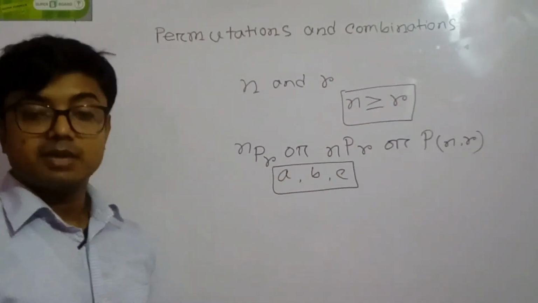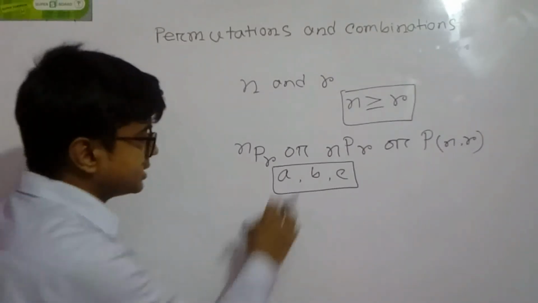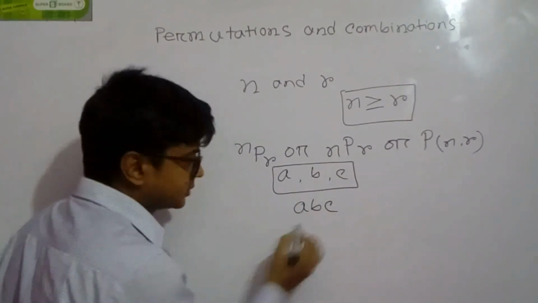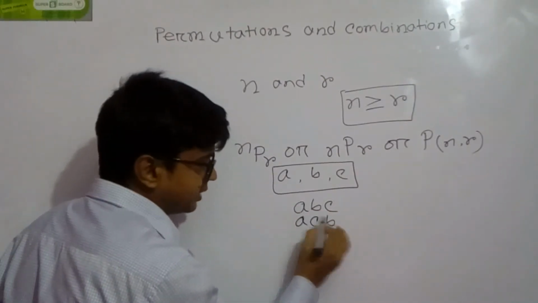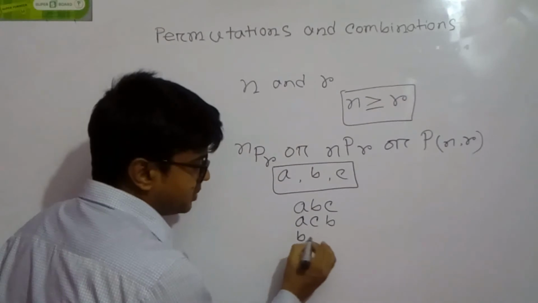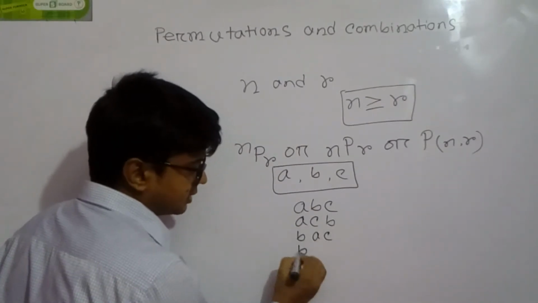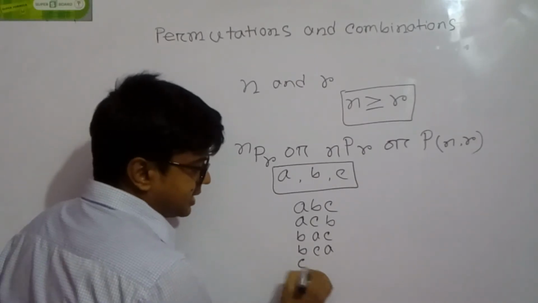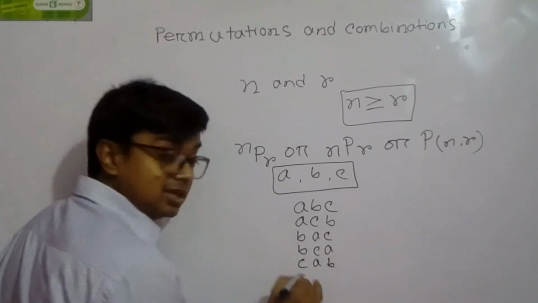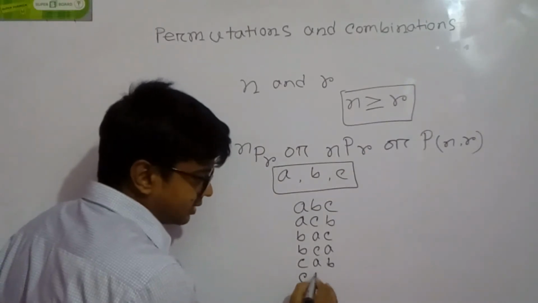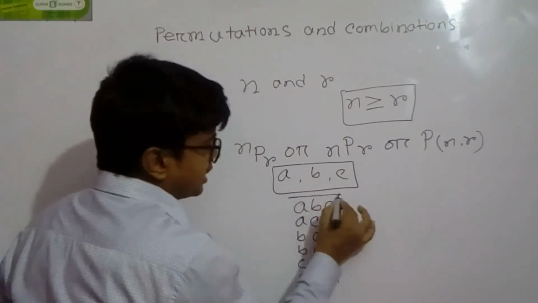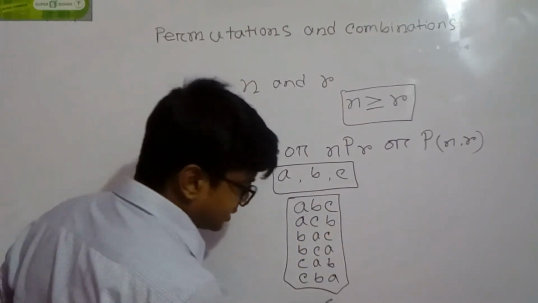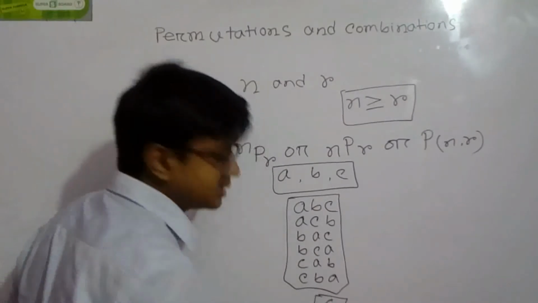We can write ABC, ACB, BAC, BCA, CAB, and the last one is CBA. Here the total number of arrangements is 6.